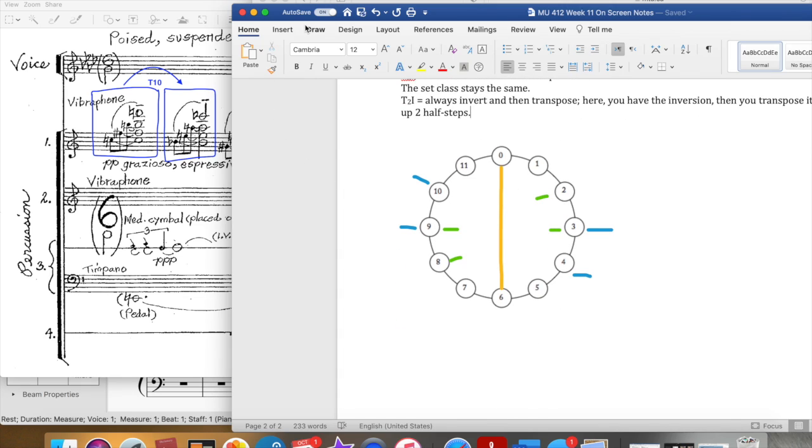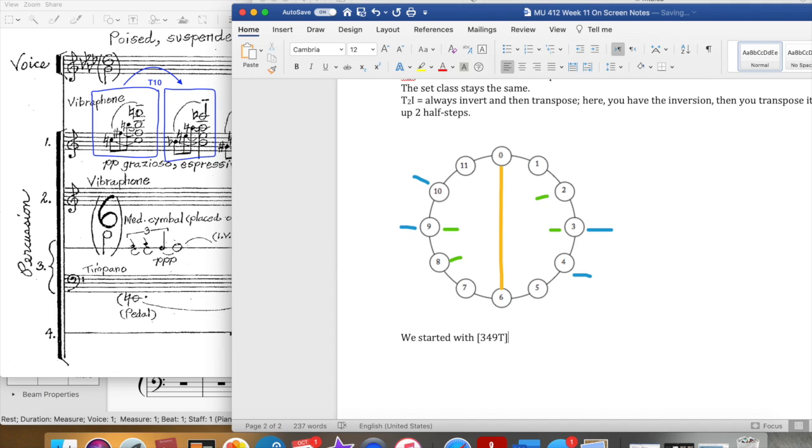We inverted it already. We started with 3, 4, 9, 10. That was in its normal form, but not its prime form, which is 0, 1, 6, 7. That's the same for all of them, so that's not the most interesting thing at this point.